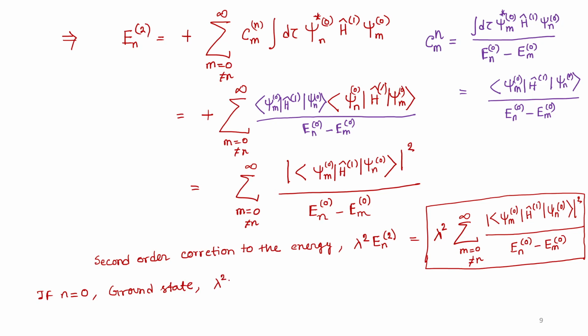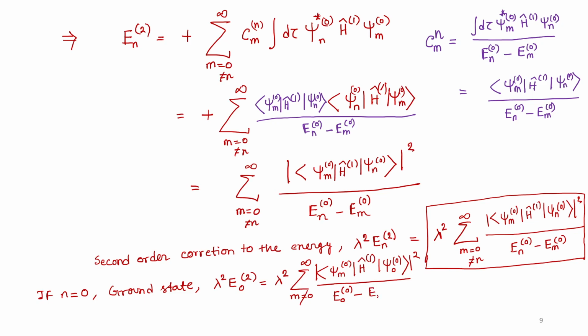Then your correction becomes lambda square, sum over m not equal to 0, of the modulus square of psi m zeroth, H1, psi 0th, divided by E0 zeroth minus Em zeroth.